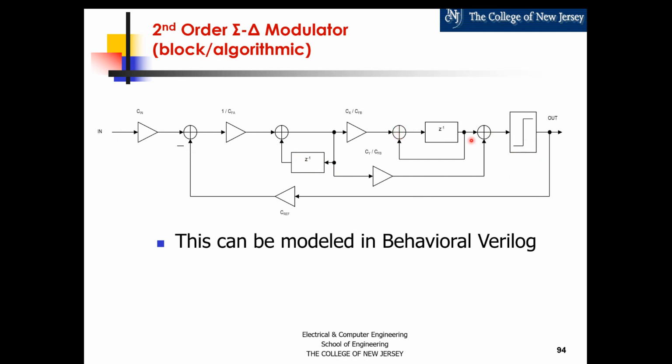And here you have a slicer, and here you have this output. What you get is this high speed 1-bit serial output from the analog that is coming in here. The information from analog to digital is encoded in that high speed 1-bit stream, and the decimation filter converges to the number of bits that you need as a digital word.